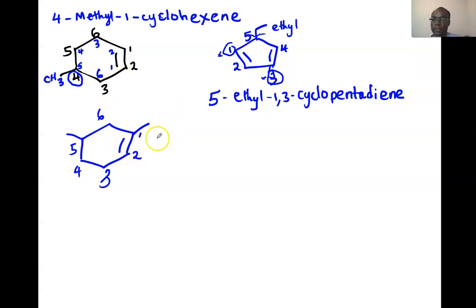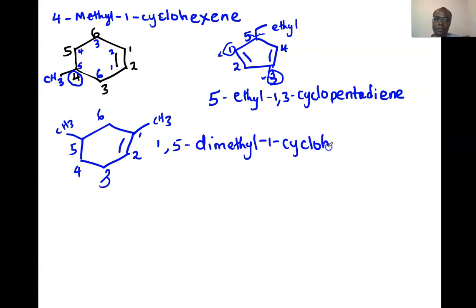So the name here will be, because you have 2 methyl groups, 1,5-dimethyl, and then the double bond, the first time we have a double bond is on 1, cyclohexene.